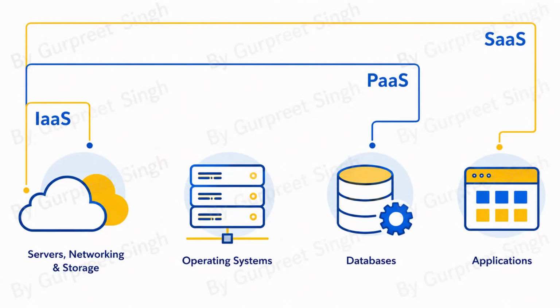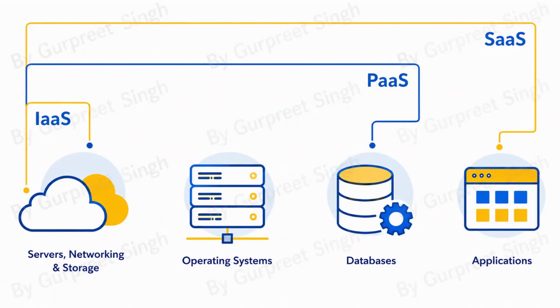You can imagine this as renting an empty apartment, in which the building owner provides you the building, electricity, and water. What you have to bring is your own furniture, your TV, your kitchen items, all these things. Similarly in IaaS, the cloud provider gives you the infrastructure and you set up everything else.